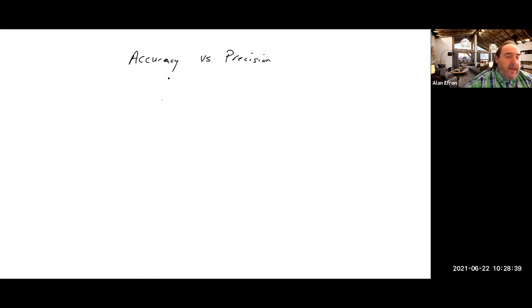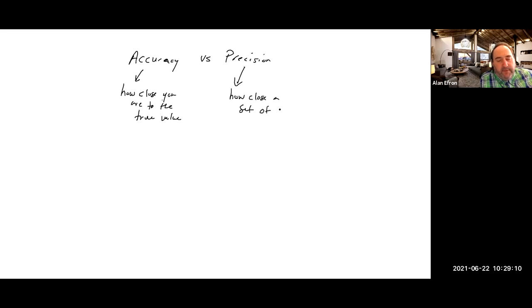And the difference is if you're accurate, basically what that means is how close you are to the true value. So if you say that was a very accurate measurement, that means you measured it pretty close to what the true value should be. Precision is how close a set of numbers are to one another.